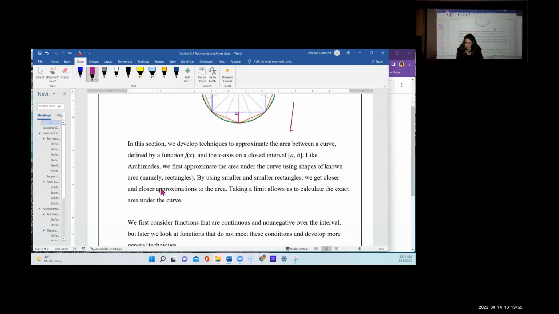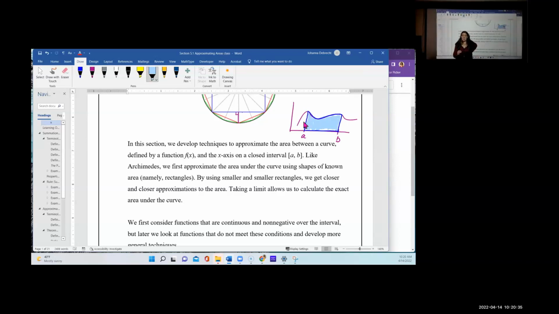So we're going to be looking at some closed interval between A and B, and we have some function like this, and we want to divide this region between A and B, using the x-axis as the bottom and the curve of the function as the top, and figure out how much area is in this shaded region right here. And we're going to use a method of exhaustion pretty much just the way that Archimedes did and the ancient Chinese and the ancient African mathematicians did as well.